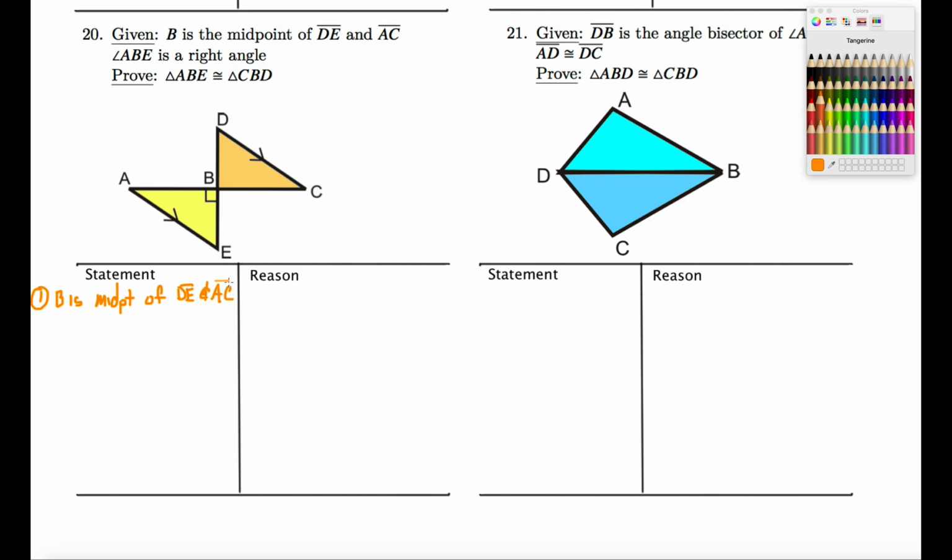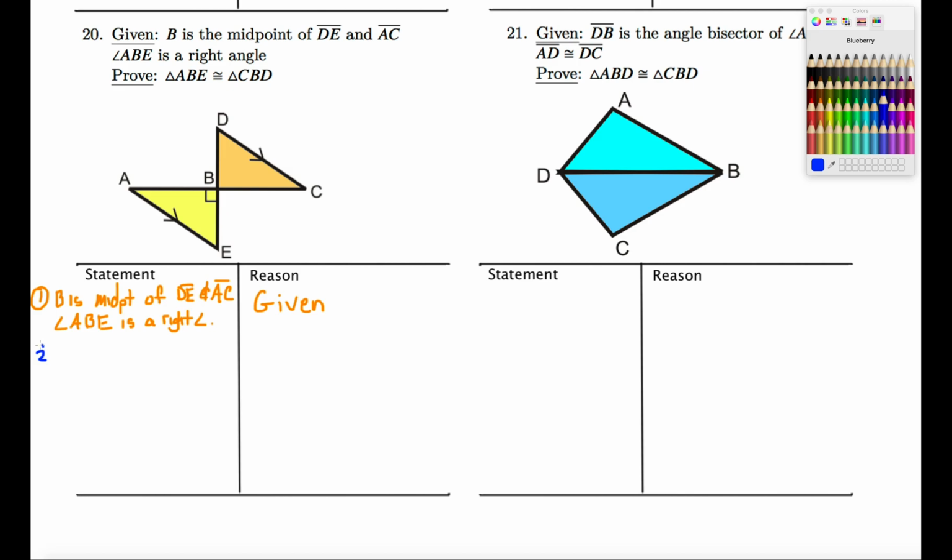And we got angle ABE is a right angle. Okay, given. Okay, let's go, I don't know, blueberry.